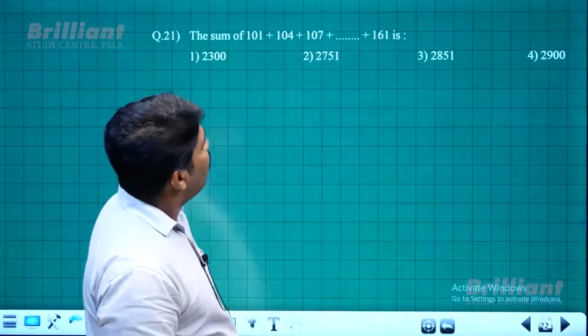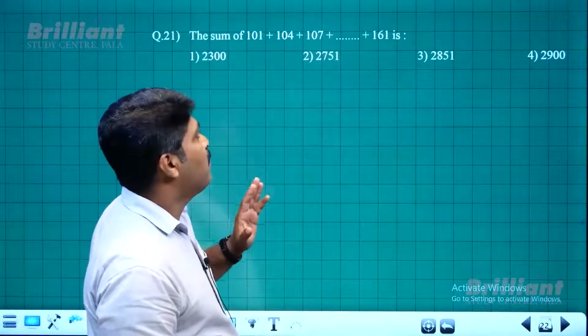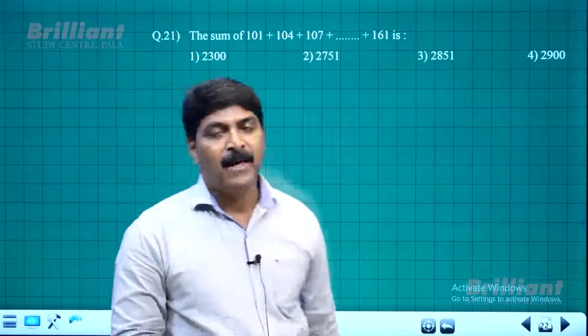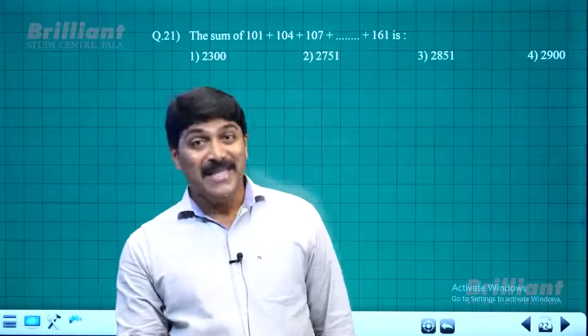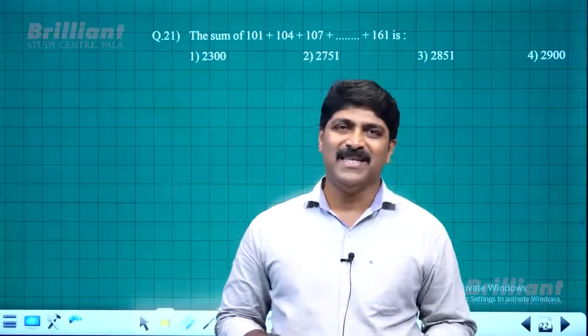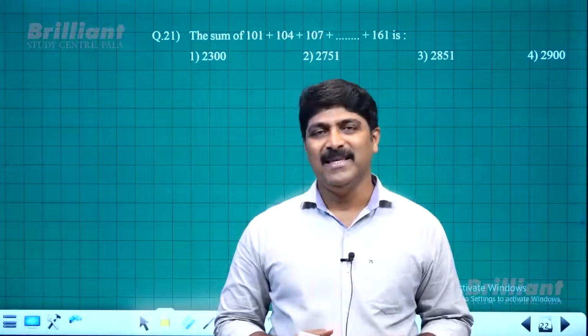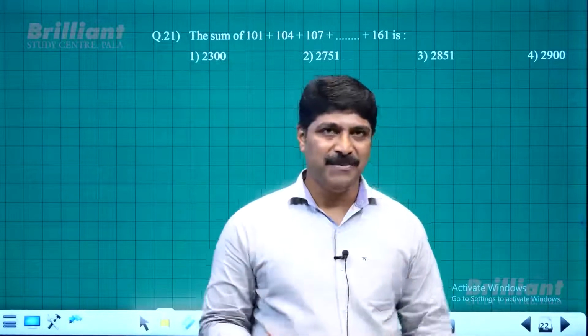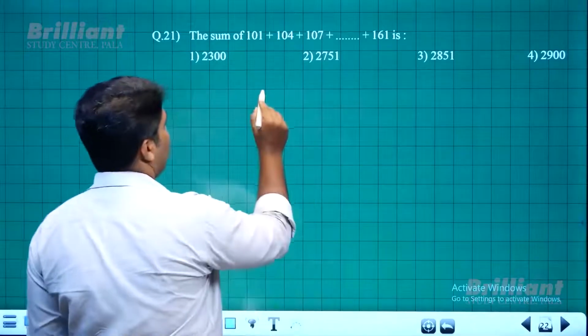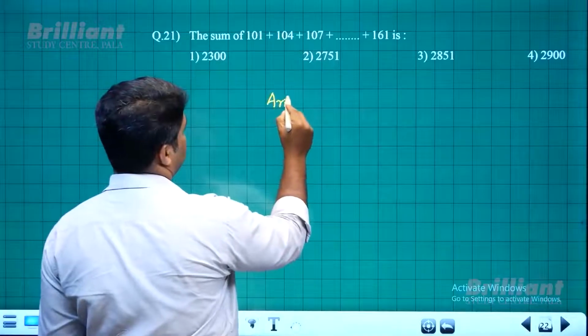The sum of 101 plus 104 plus 107, etc. While observing the sequence or series, what is the speciality of such a series? Yeah, this is an arithmetic progression. So this is basically an arithmetic progression. Got it?